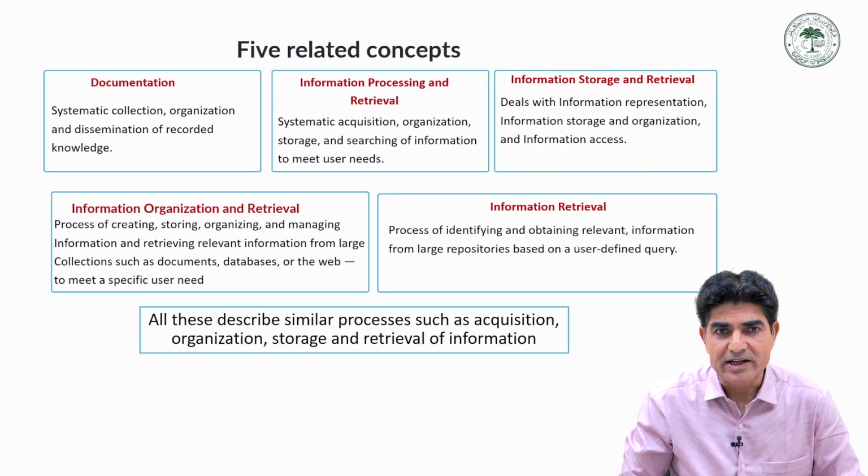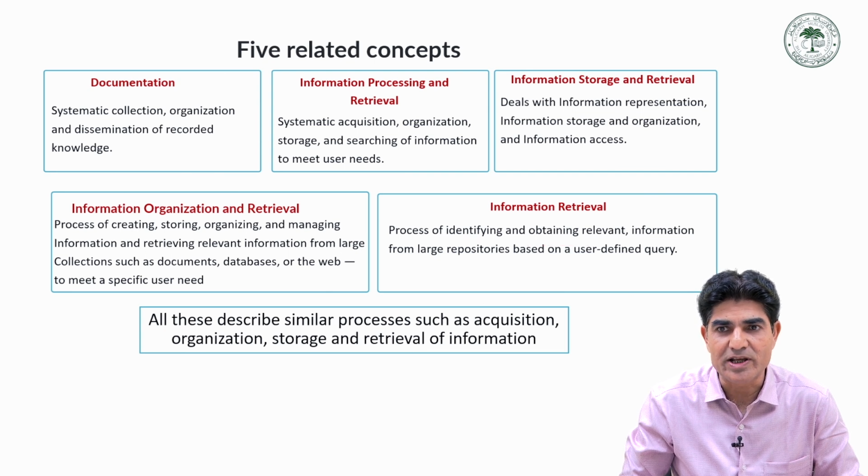So there are at least 5 related concepts of information processing and retrieval. And documentation is considered as the foundation of information processing and retrieval. Documentation can be defined as the systematic collection, organization, and dissemination of recorded knowledge. When we talk about information storage and retrieval, it is a systematic acquisition, organization, storage, and searching of information to meet users' need.